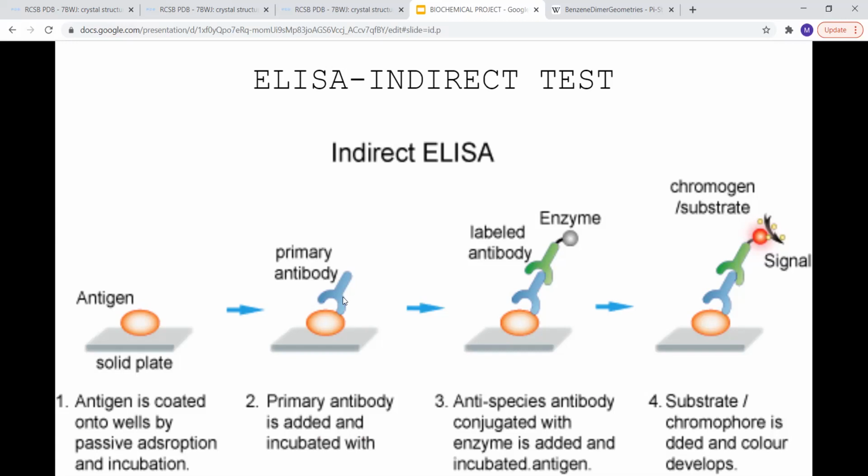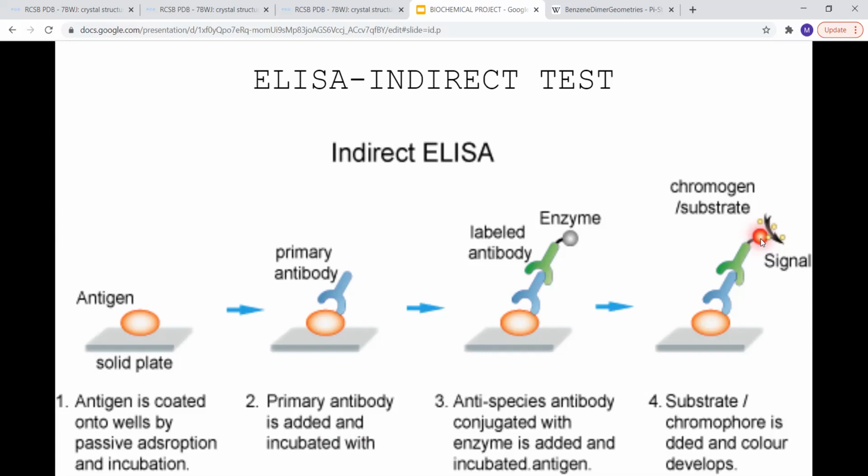Then the sample, which in this case will be my blood, is added to the well. If the sample contains antibodies, they will bind to the antigen. Then any unbound antibodies are removed using a washing buffer at least 3 times. Then a chromogenic substrate is added, which gives color to the test if the test is positive.